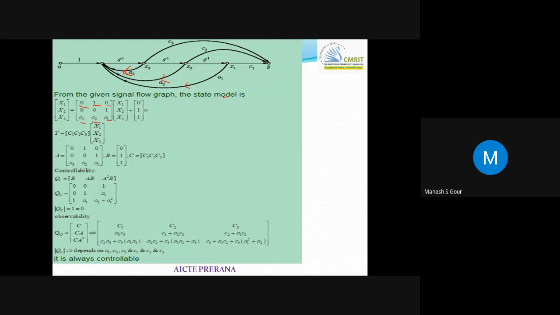With respect to the Y matrix, C1, C2, C3, all three are there. Now coming to your X dot matrix, it is A into X of t plus B into U of t, right? Okay, I'll explain how you got 0, 1, 1.